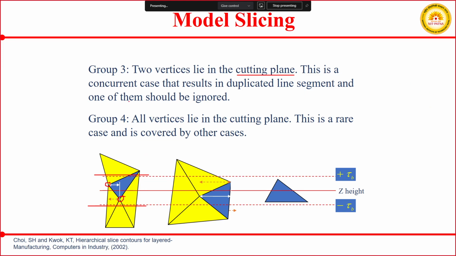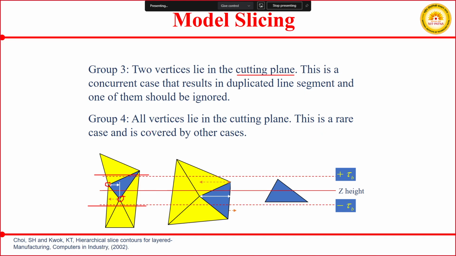Since there are two vertexes, this is the concurrent case that results in a duplicated line segment, and one of them should be ignored. Since two vertexes are lying there, you may consider it either in the upper part or lower part, depending upon the choice of your user.